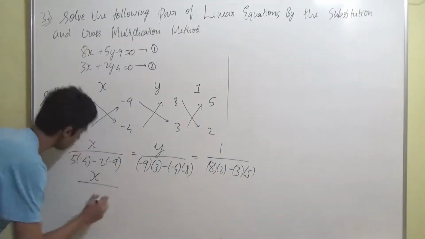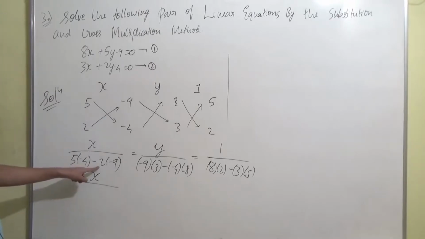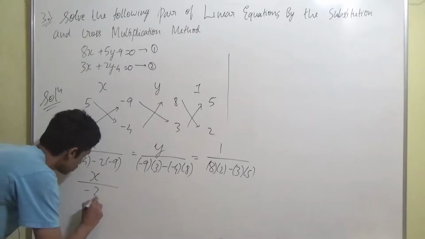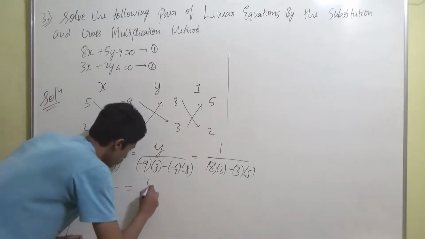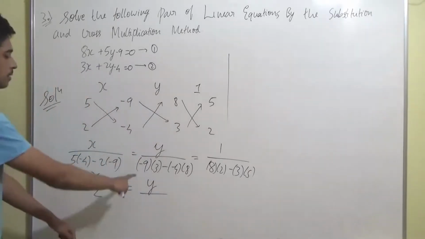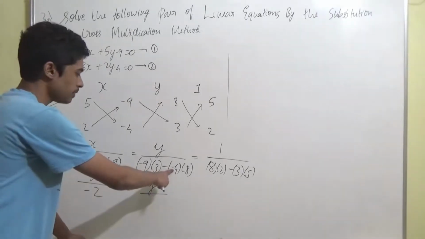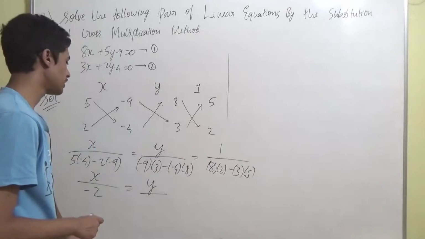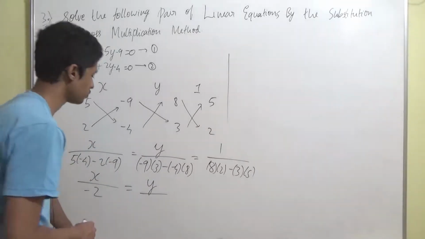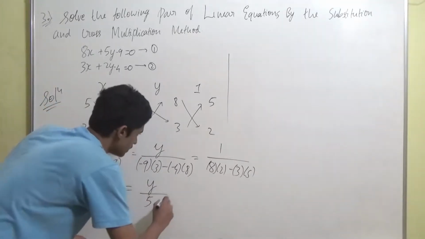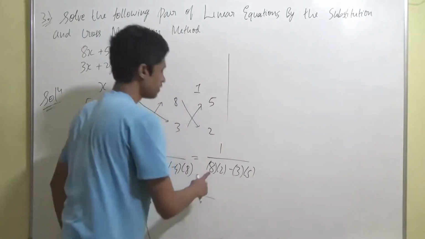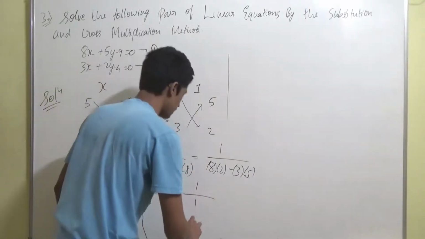It becomes x by, this becomes minus 20, this becomes plus 18, minus into minus becomes plus 18. So it becomes minus 2, equal to y by minus 27 plus 32. Minus and minus plus, 8 into 4 is 32. So minus 27 plus 32 becomes 5, equal to 1 by 16 minus 15, which is 1.